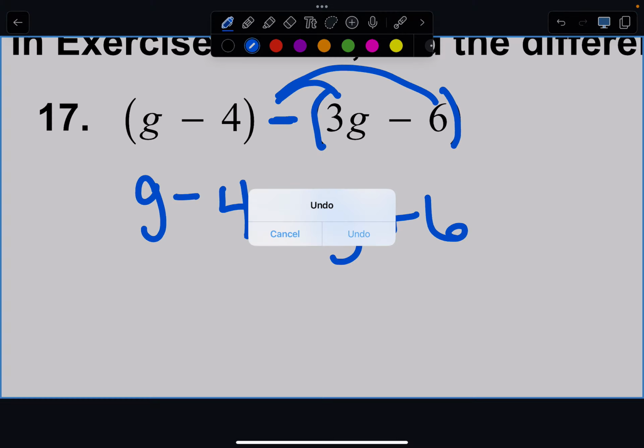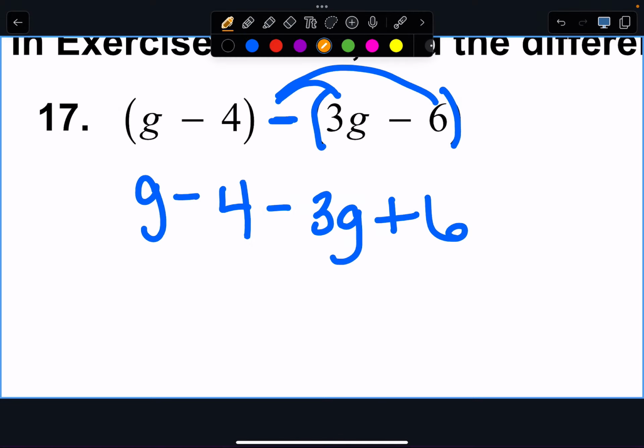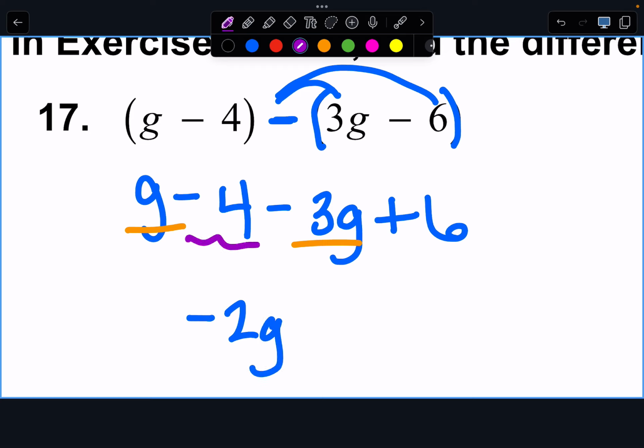Subtracting a negative 6 just means we're adding 6. So I'm going to take that minus through my second polynomial and adjust it. So now I can combine like terms. Now I can combine my g's to be negative 2g, and I can combine my constants to be plus 2.